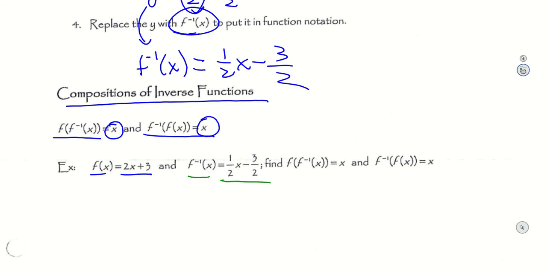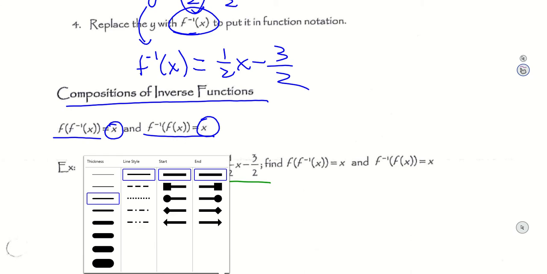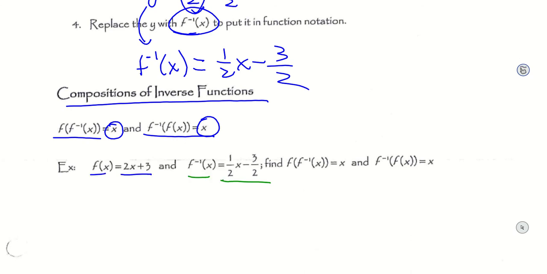So I'm going to come in here and find f of the inverse of f, and see if we end up with x. So I want to find f of the inverse of f of x.